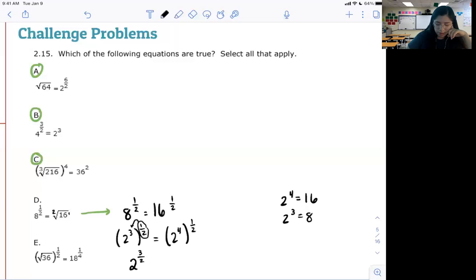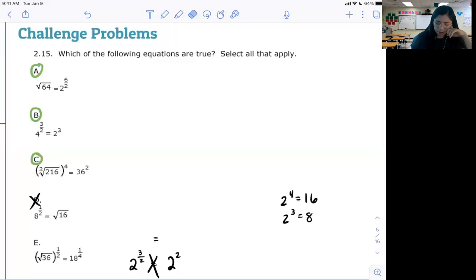And then 4 times 1/2 is 2. Do they match? Kind of, but no, you need a 100% match. And they don't.